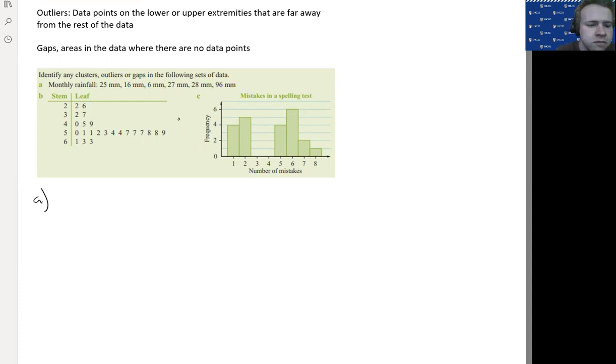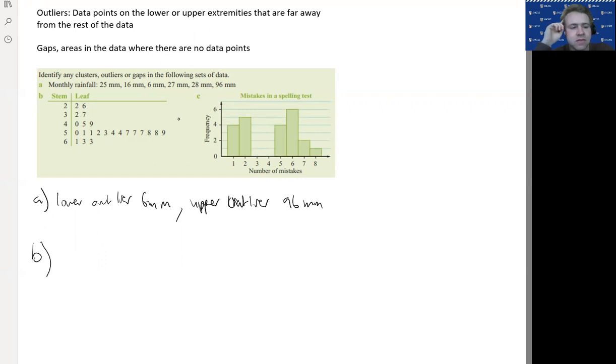So we have a lower outlier at 6 millimeters, and then an upper outlier of 96 millimeters. Those two data points are far away from the rest of the data on the lower end and the upper end. So we call them outliers.